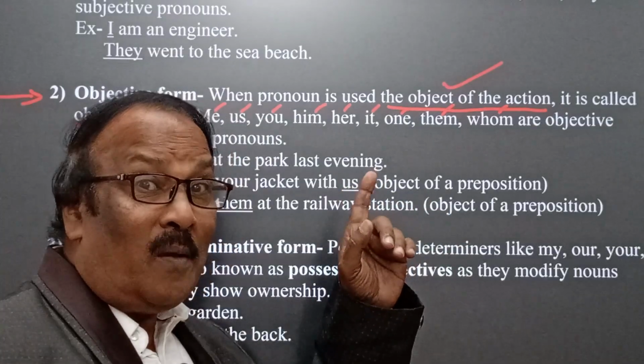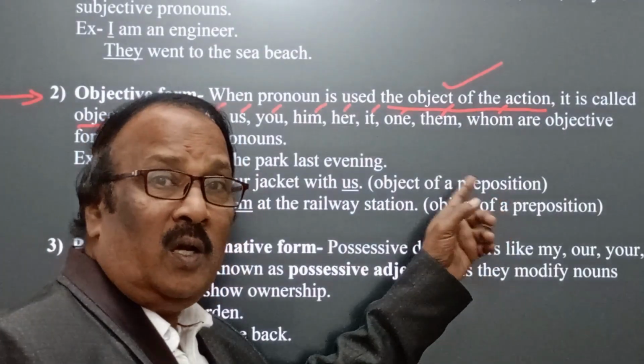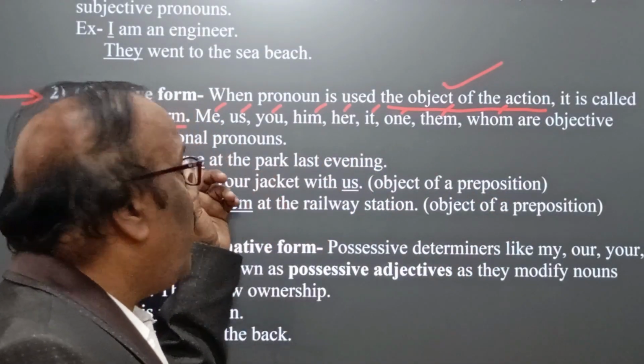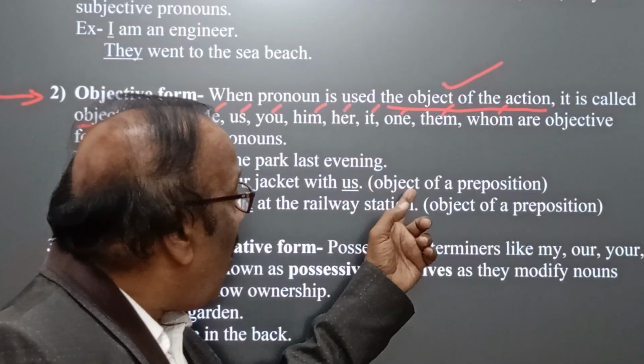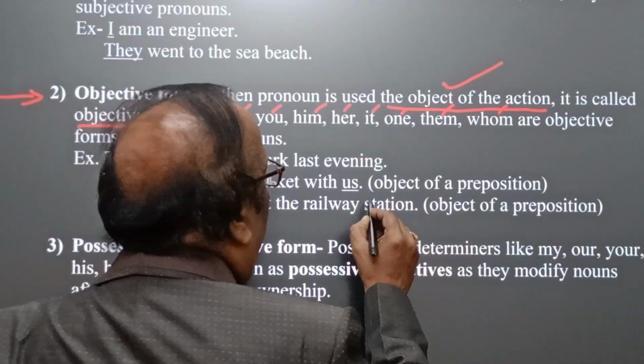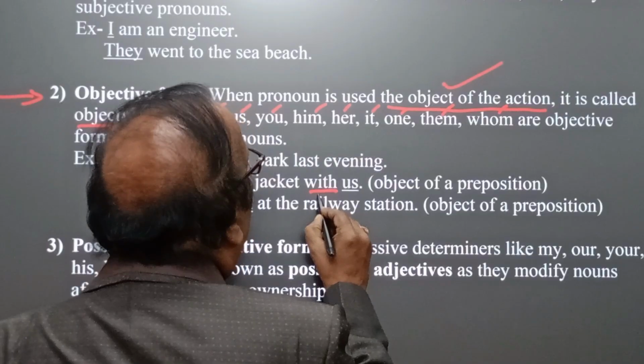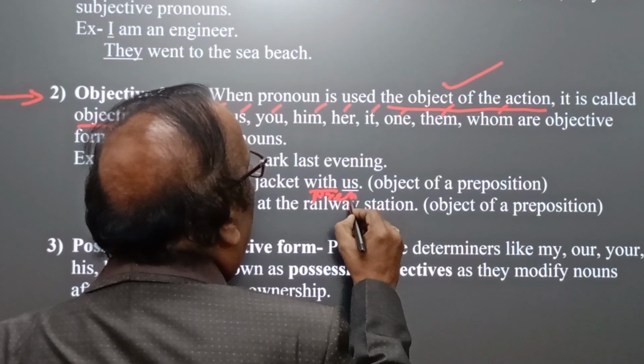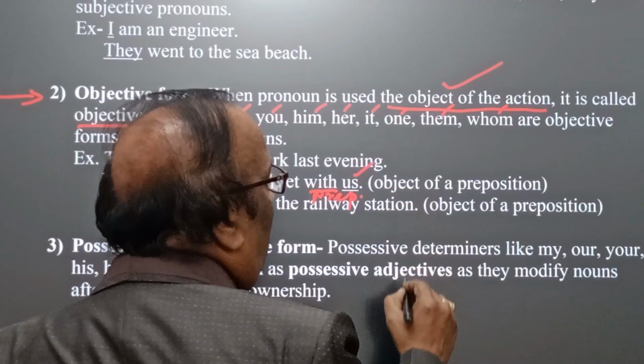Okay, now come, you can leave your jacket with us. Objects are of two types. One is the object of a verb, and the other is the object of a preposition. Here it is the object of a preposition, because with is the preposition and us is the object.